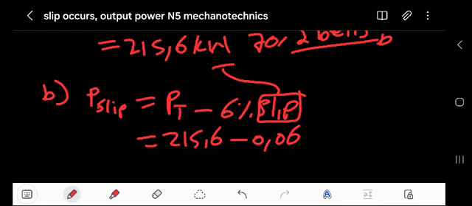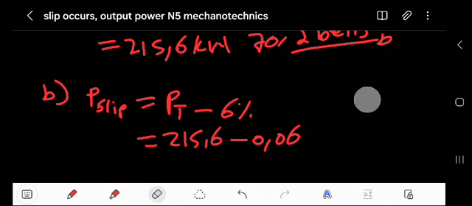To make life easy, do not put slip there, just say PT, the power calculated on top, which we know is this one.